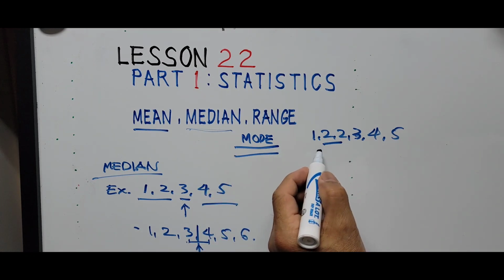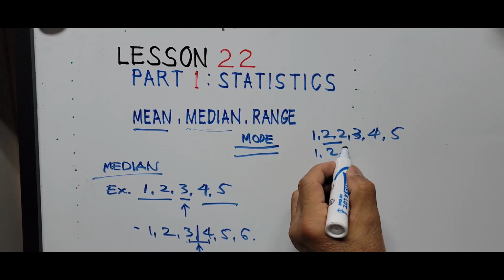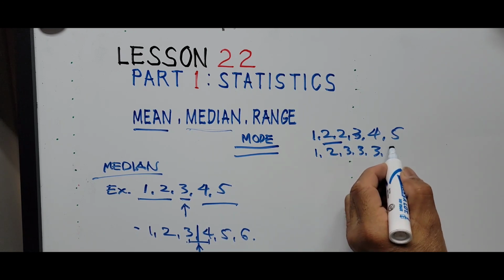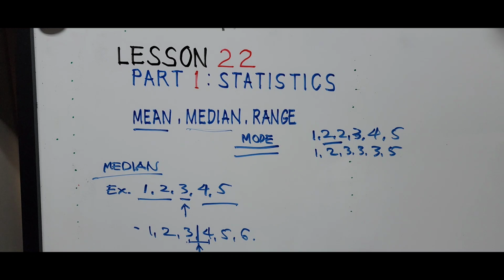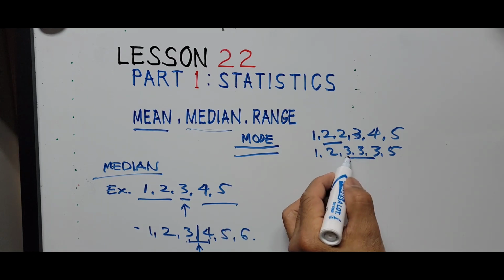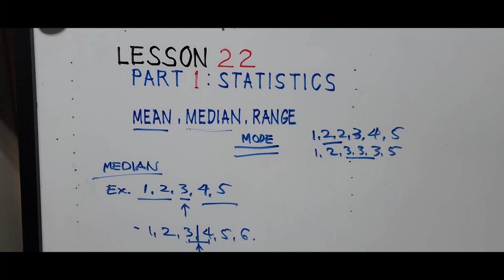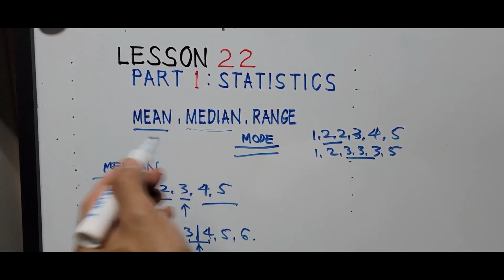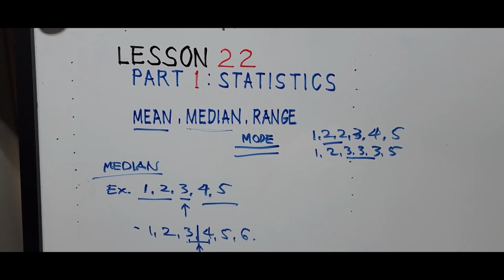Let's say another one: 1, 2, 3, 3, 3, 5. The most common number over here, that's the mode, 3. Alright, that's simple, right? We don't need computation. All we have to do is take a look at it and identify the value that signifies the mode.